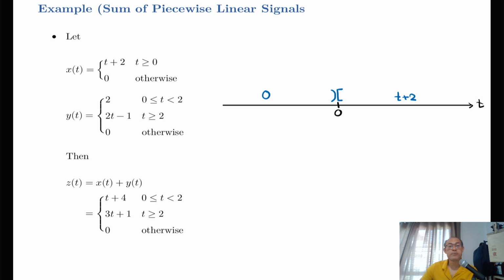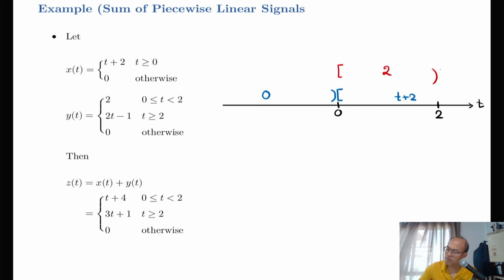X is blue, and for y we have 2 points, 0 and 2, so let's mark another point here, 2. For greater than or equal to 0 but less than 2, y is the red one, y is 2.